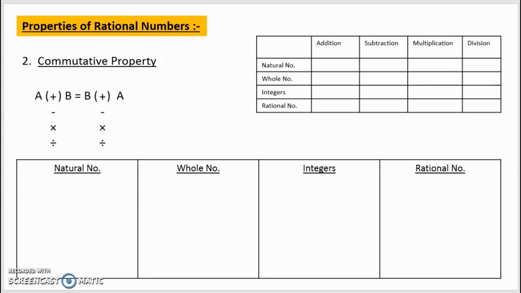The commutative property. Let us analyze what we mean by commutative. The word commutative comes from the word commutate, which means exchange or substitute.